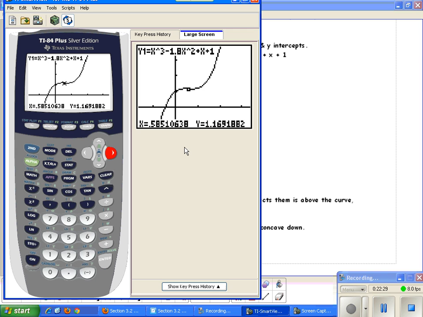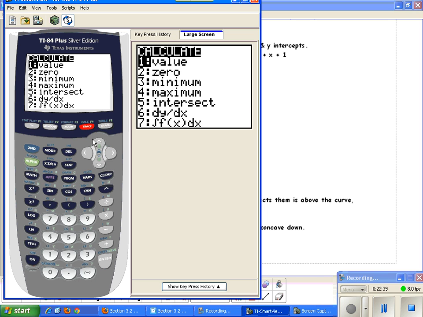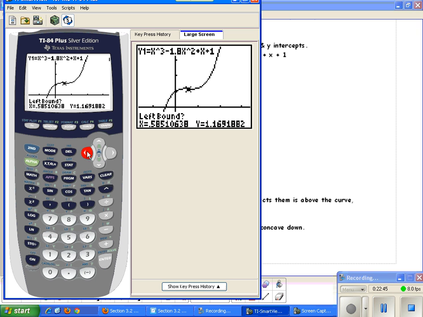So again, what I did was I used my trace feature on my calculator, and then I just scrolled from left to right and looked at my y values to tell whether or not I had a maximum or minimum value. Now that I know that I do, second trace, I'm going to do the maximum first because that comes first. So maximum. The maximum must be somewhere around here.